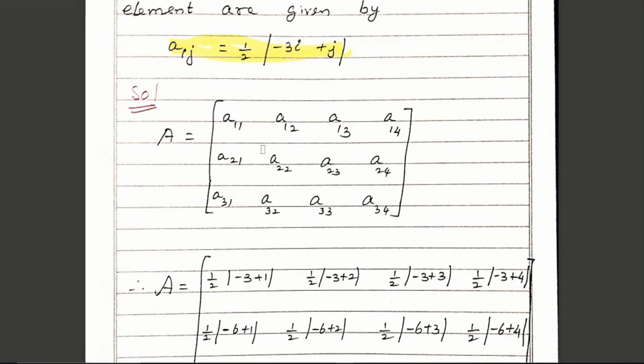So you have to construct, you have to frame the matrix. a11 means i is 1 and j is also 1.